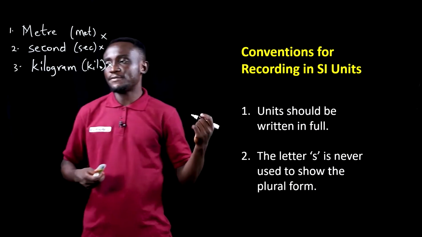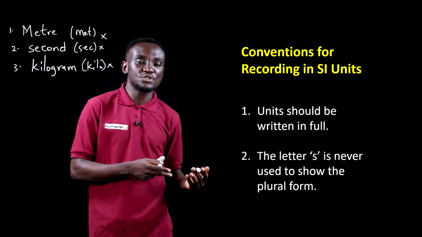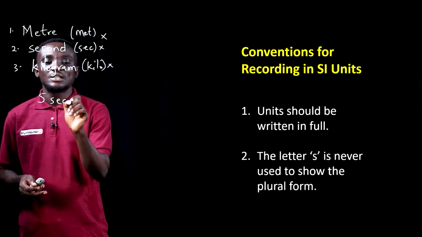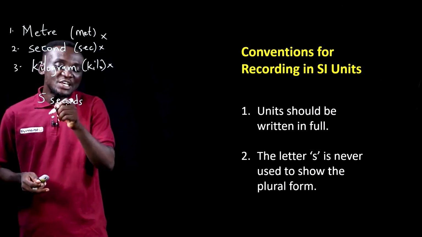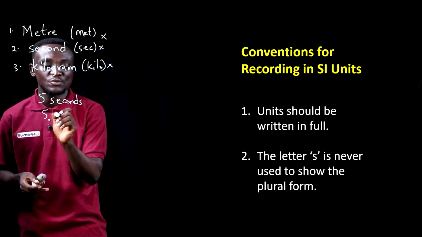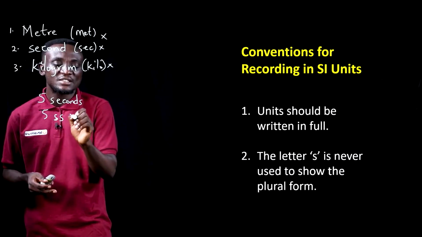So if we calculate the time it takes for a person to move from point A to point B and we have it as 5 seconds, the unit appropriately is 5 seconds, so we write this as small s. We don't add another s to make it a plural form as 5ss.